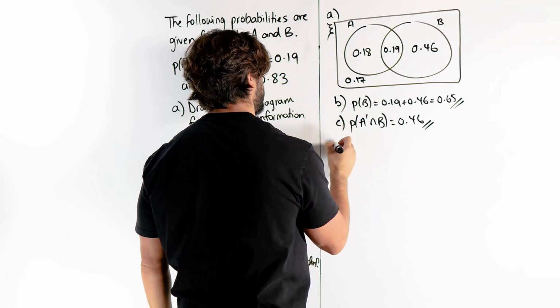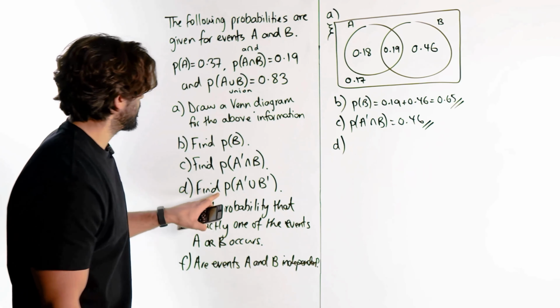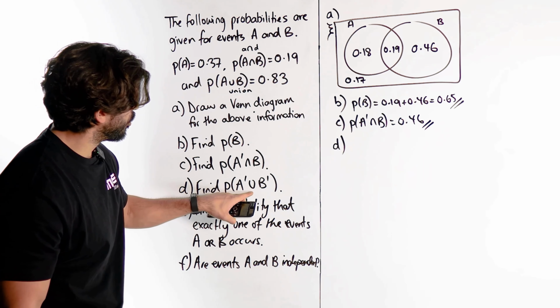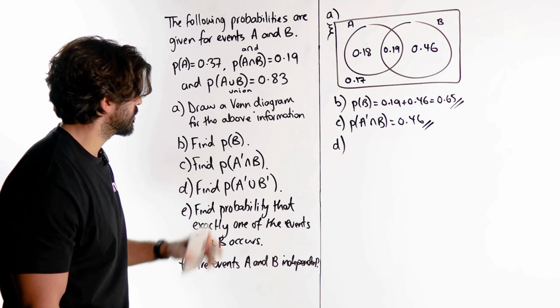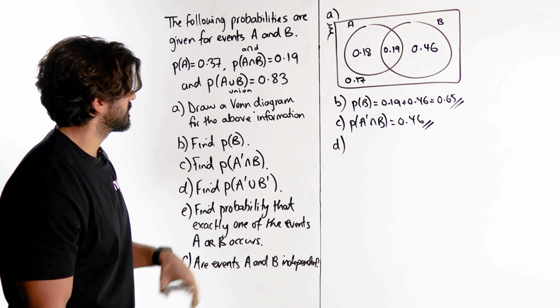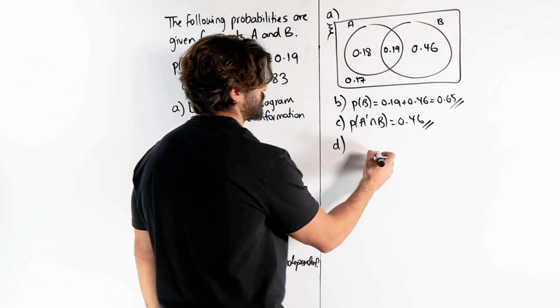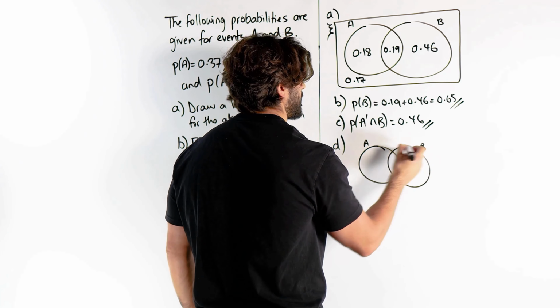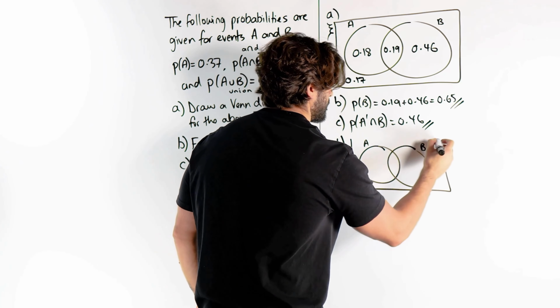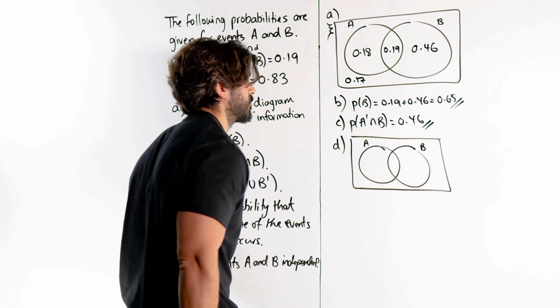Part D. Find the probability of not A or not B. Now this is a tougher question. So I'm going to show you guys what you can do if you're struggling to identify regions. What you do is just do a quick sketch. Okay, A, B. And you could do this for the previous example as well.